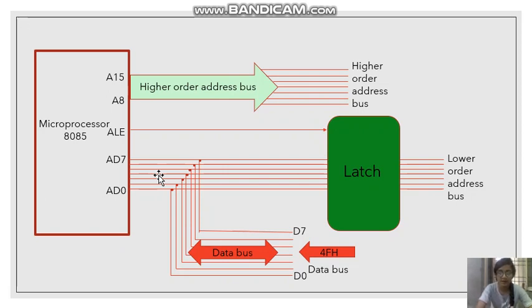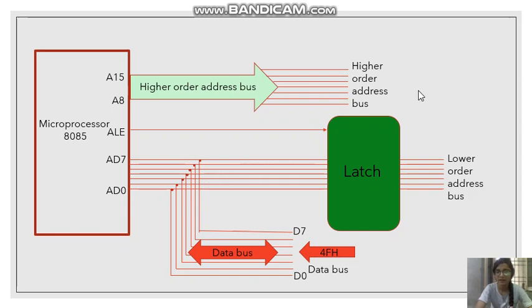So how is it done? For the first cycle, it carries the lower address, and after this cycle, it will pass that lower address to our latch, so the lower address will be stored in this latch. So how is it stored? After 1 T cycle, our microprocessor will send the ALE signal, which will help to store this lower address in the latch. So after 1 T cycle, it will get freed and be ready to get the data on it so that it can be transferred to the microprocessor.